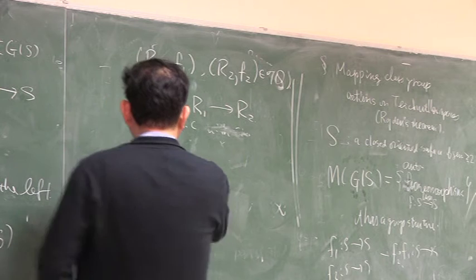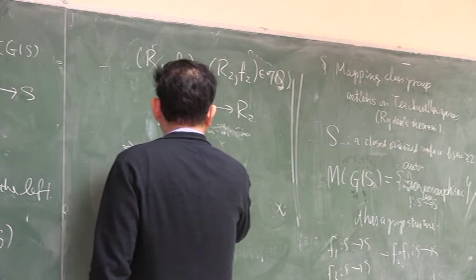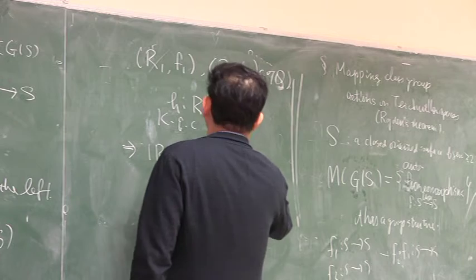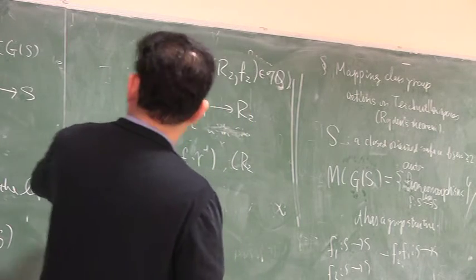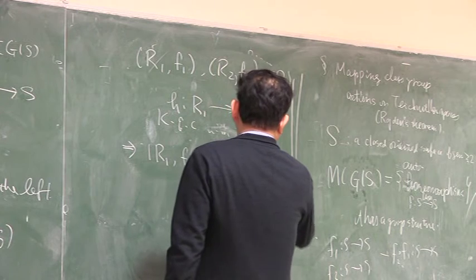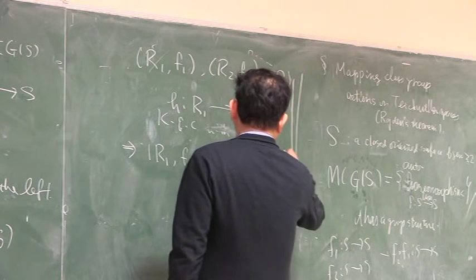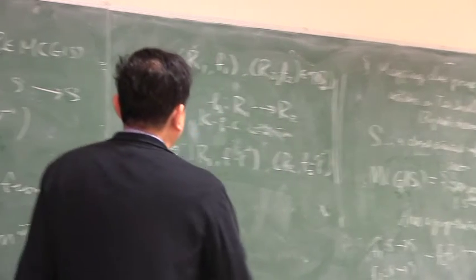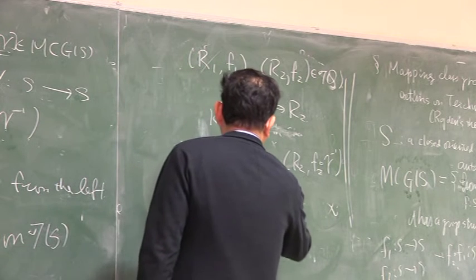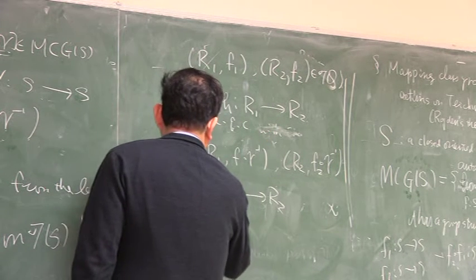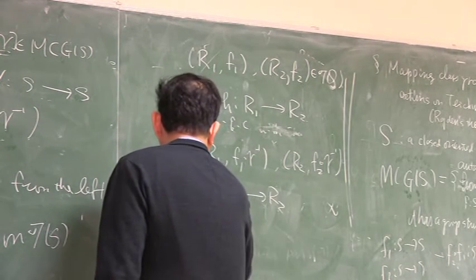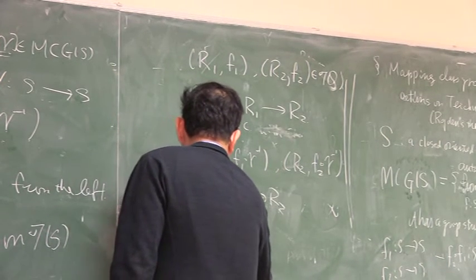Then between these two points obtained by just making gamma act on them, h from R1 to R2 is homotopic to this one.